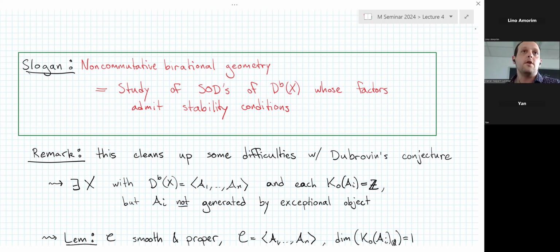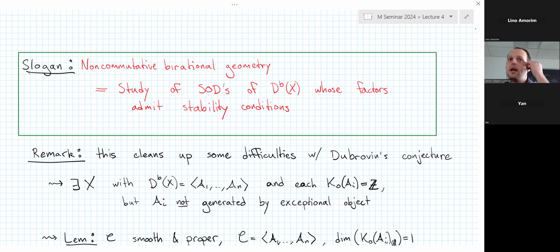So there are surfaces, there were these Godeaux surfaces, and then recently there's this really remarkable result that if you blow up P2 at, I think, 10 generic points, then you can find an exceptional collection of line bundles that has the expected length, but they do not generate the derived category. So they give you a basis in K-theory.